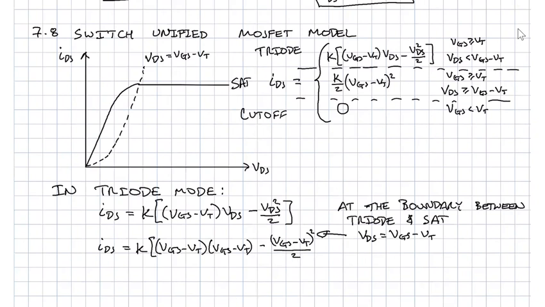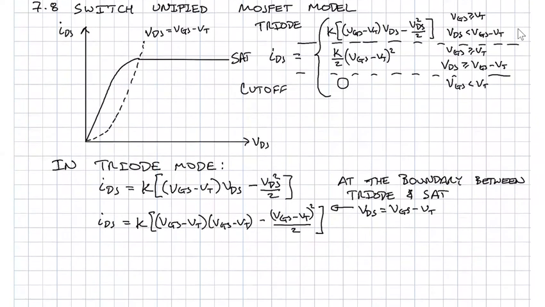And again, here all I've done is just substitute VGS minus VT for VDS. And that whole thing is multiplied by K. So we just plug that in. So we can look at it. The first term, we have a VGS minus VT squared minus a VGS minus VT squared over 2. So lo and behold, it gives us the exact same equation at that boundary point that we would get with the saturation current expression. So what does this tell us?